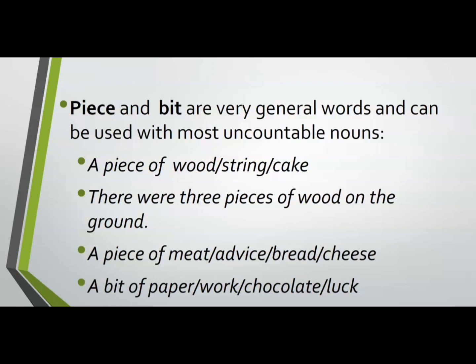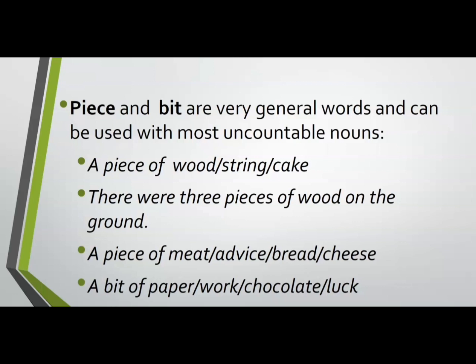Wood in English is uncountable, but we might say, see there are three pieces of wood on the ground, or a piece of string, or a piece of cake on the ground. If it is one piece, we say a piece of. If it's more than one, we don't pluralize cake or string. We pluralize the word piece: pieces of string, pieces of cake, for example. So there were three pieces of wood on the ground. Meat is uncountable, so a piece of meat, two pieces of meat.